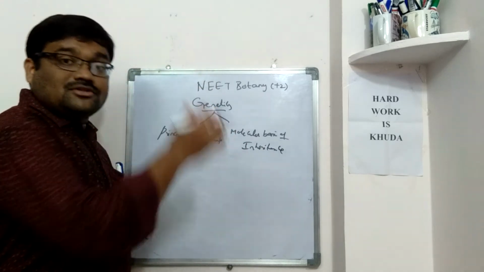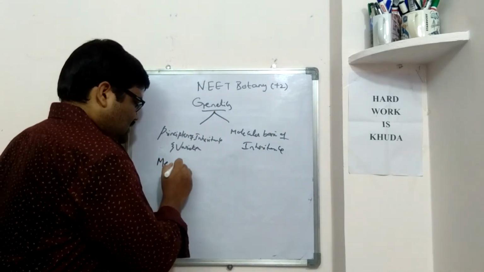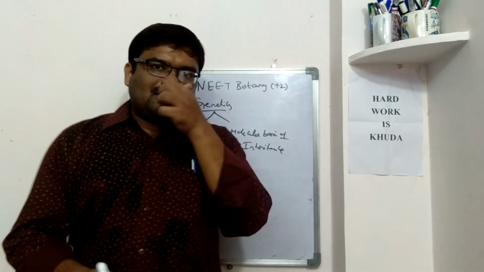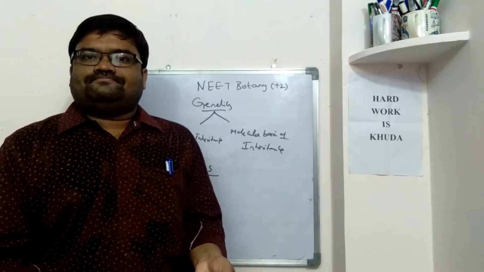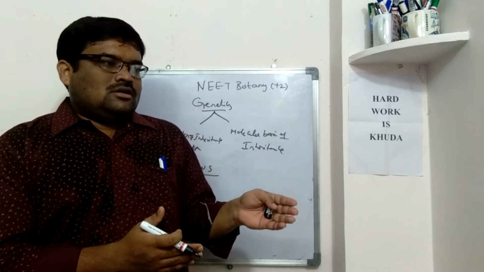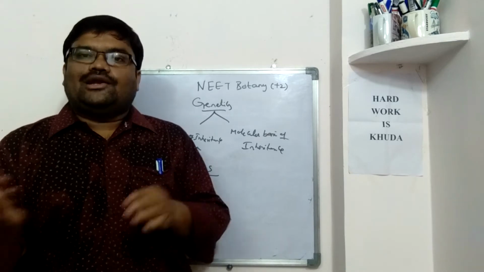Here, principles of inheritance means we have to learn about Mendel's laws. We knew that Mendel used 7 pairs of contrasting traits in the garden pea plant. Say for example, seed shape, that means dominant trait and recessive like that. Seed shape, round, wrinkled.